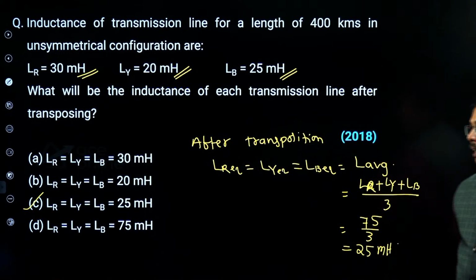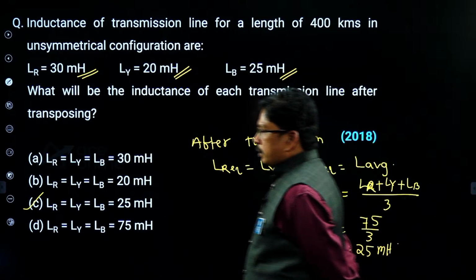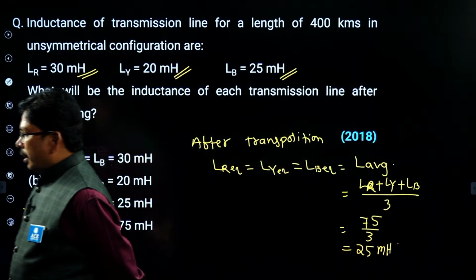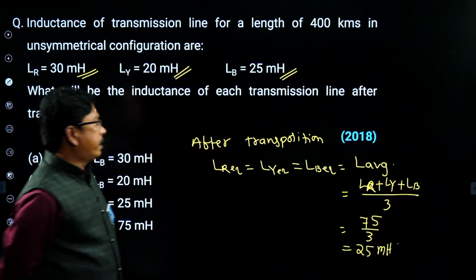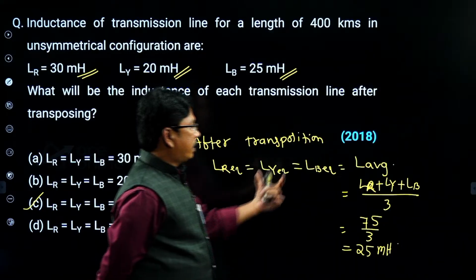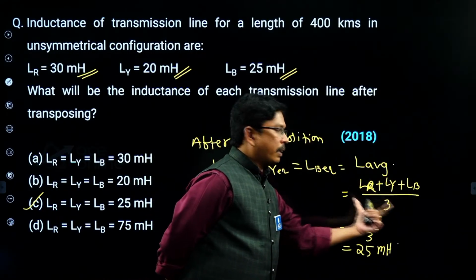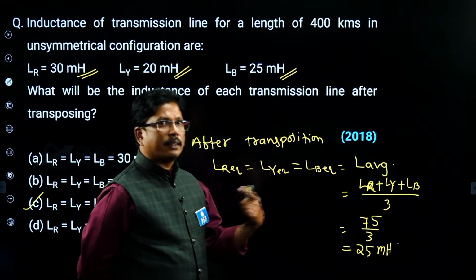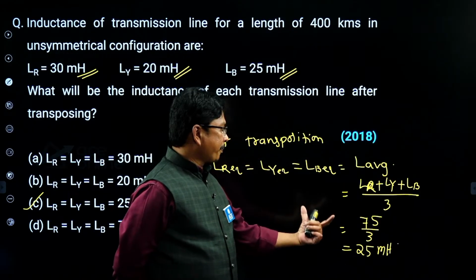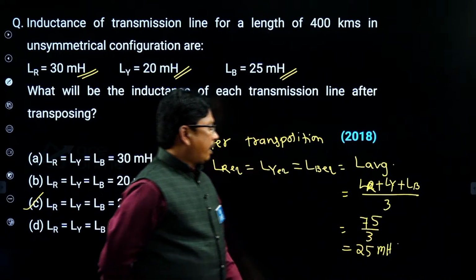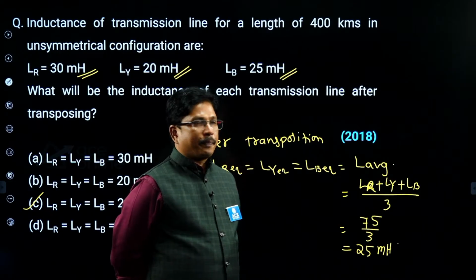Right. So, please remember, after doing the transposition, the equivalent inductance of each conductor is the sum of all quantities divided by the number of quantities, LR plus Ly plus LB divided by 3, and the value is 25 millihenry.